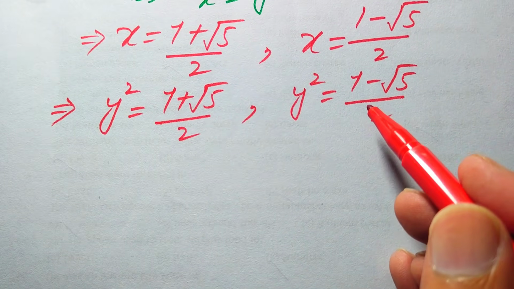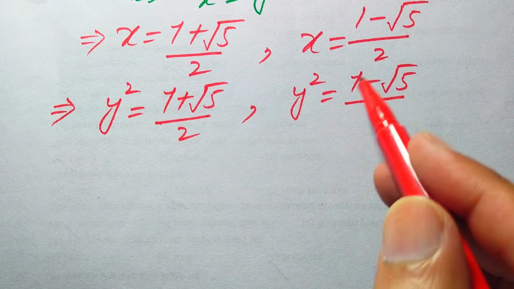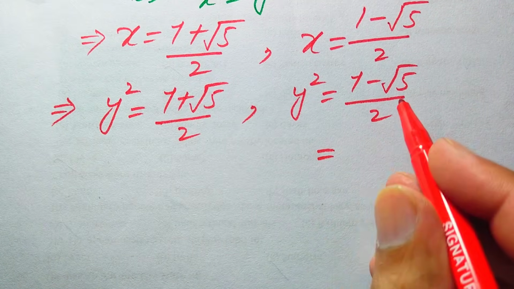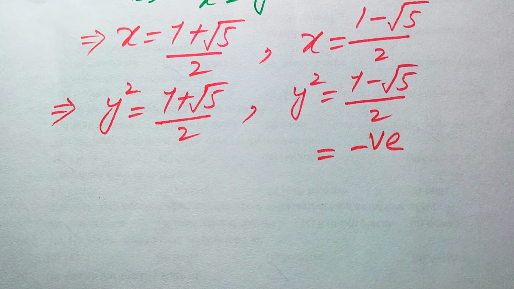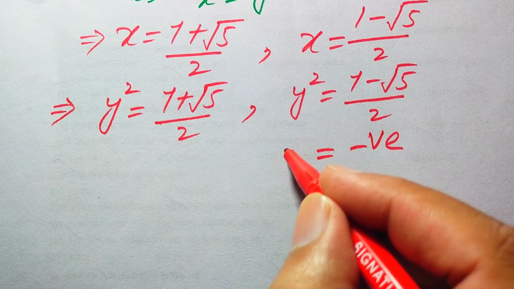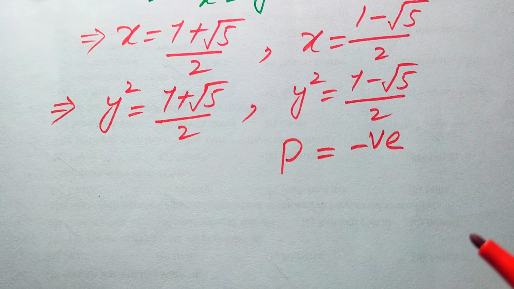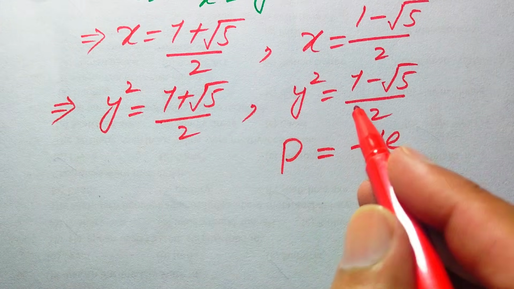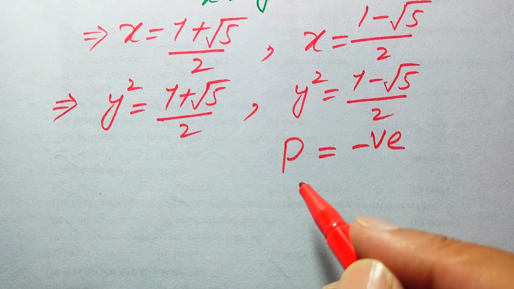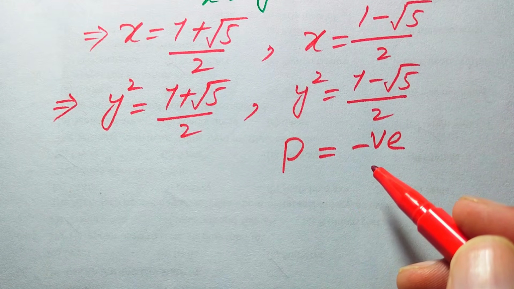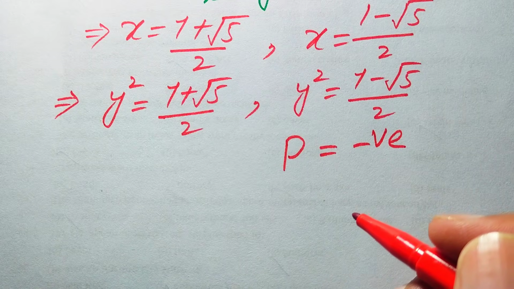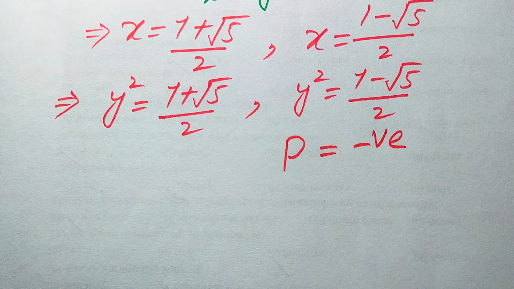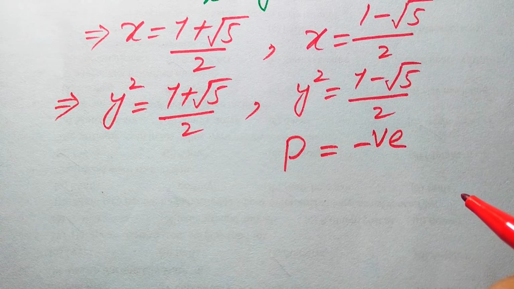So first we focus on this case, and if we simplify the right hand side, this gives us a negative answer. The left hand side is y squared, and y squared is the perpendicular side of the given triangle. So this equation tells us that our perpendicular side becomes negative, but it is not possible for any side length of the given triangle to be negative, because each side length is a distance, and we know that distance is always positive.